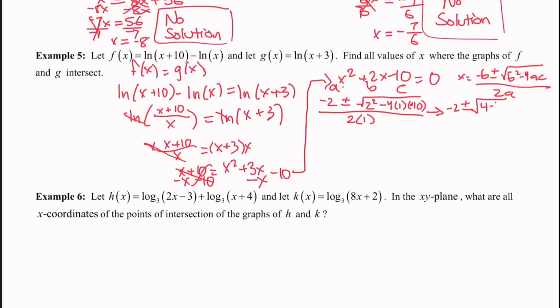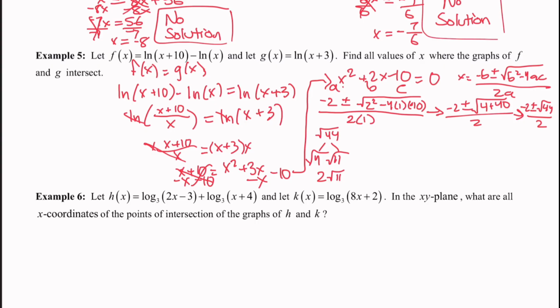It's like 4 minus 4 plus 40. Negative 10 times negative 4 for 2. It gives us square root of 44 over 2. Square root of 44 can simplify to 4 times 11. So that's 2 times the square root of 11.